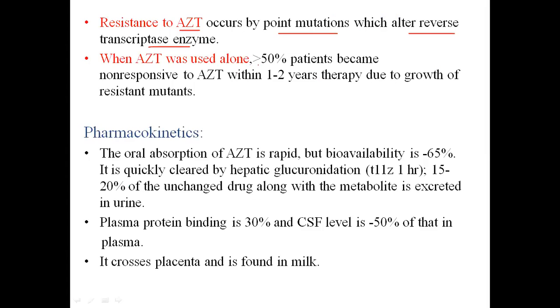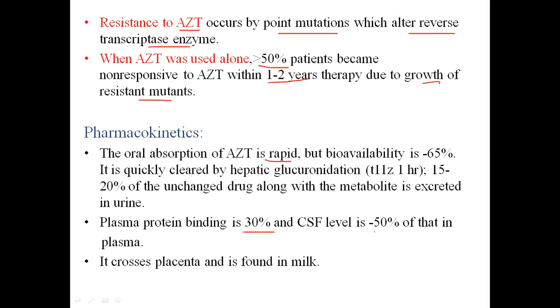अगर आप AZT अलोन दोगे तो इट विल वर्क फॉर ओनली 1 to 2 years, due to growth of mutation. Okay, तो व्हाट यू हैव टू डू नाउ, यू हैव टू कंबाइन इट. ओके, अगर आप इसको कंबाइन कर रहे हो तो ये आपका एटलीस्ट 10 year चलेगा, राइट? फार्माकोकाइनेटिक्स: ओरल इज रैपिड. Okay, then protein binding is 30%.